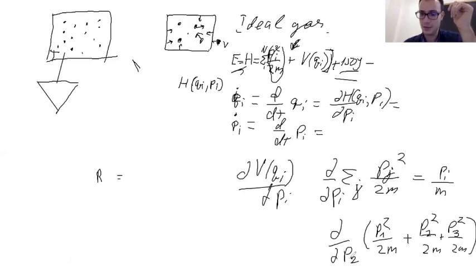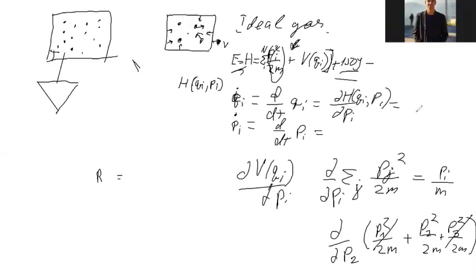If I apply differentiation with respect to p2, what do I get? p1 squared over 2m differentiated with respect to p2 is 0. p2 gives p2 over m. p3 gives 0. So the sum disappears, and there is only one particle, pi. We can use the Kronecker delta to define it.